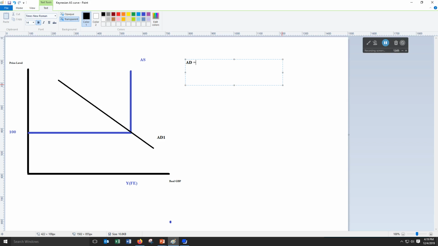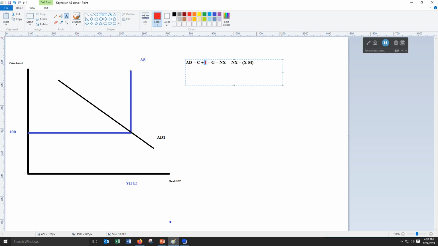Aggregate demand is equal to C plus I plus G plus NX, and NX is equal to exports minus imports spending. So here, we're going to cause I to go down, okay? And I'm going to draw a little downward arrow here.